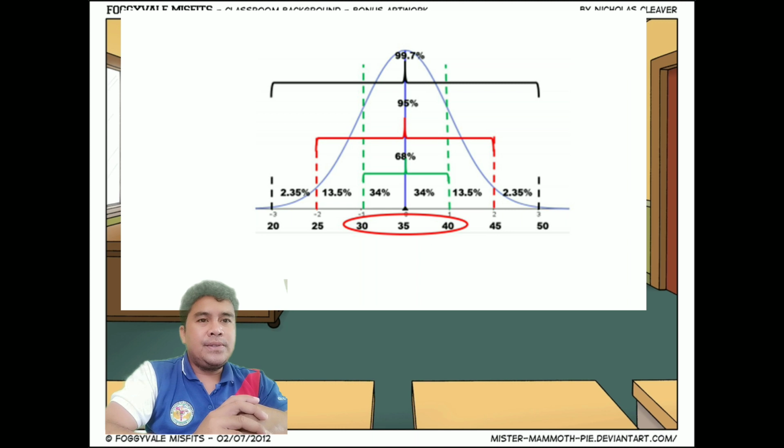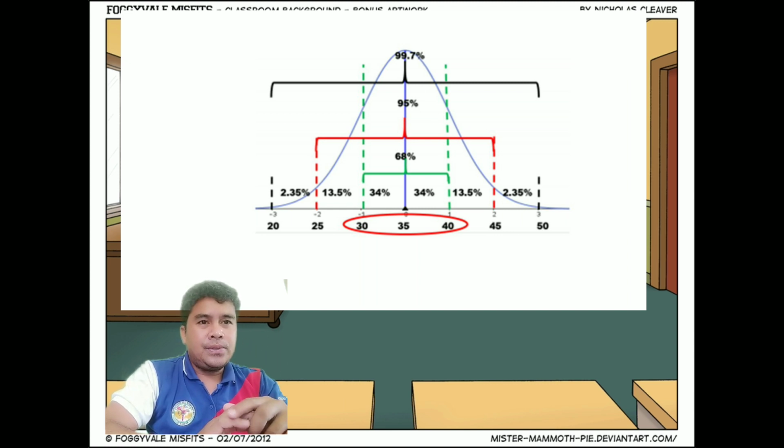Another thing is to subtract 3 times to the left the given standard deviation. So our mean is 35. So 35 minus 5, that is 30. 30 minus 5, that is 25. And 25 minus 5, that is 20.